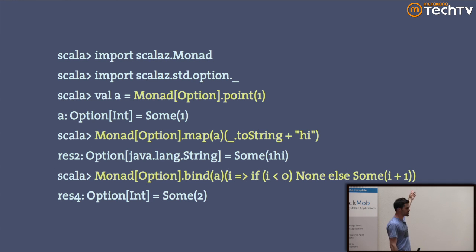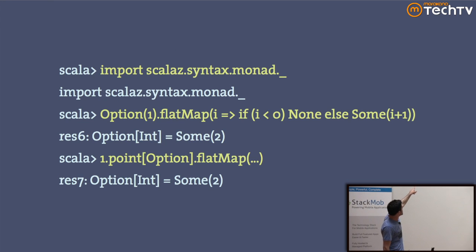Here's bind, which is the same as flatMap; in Scalaz, they call it bind in the type class. And then there's syntactic sugar for flatMap. Although flatMap, to be honest, is defined in the standard library, you can see point here, which comes from the Scalaz 7 syntax extensions. So we have more of an object-oriented looking feel to our code.